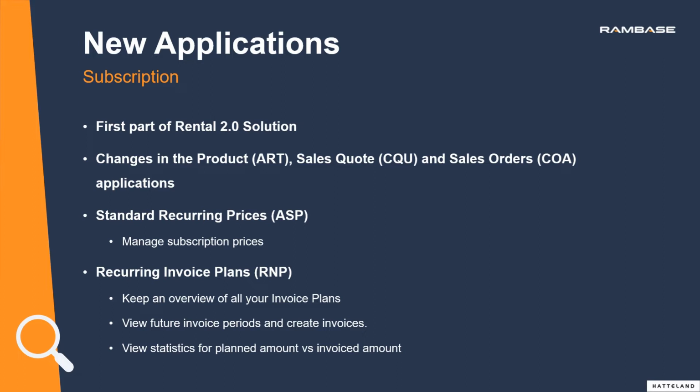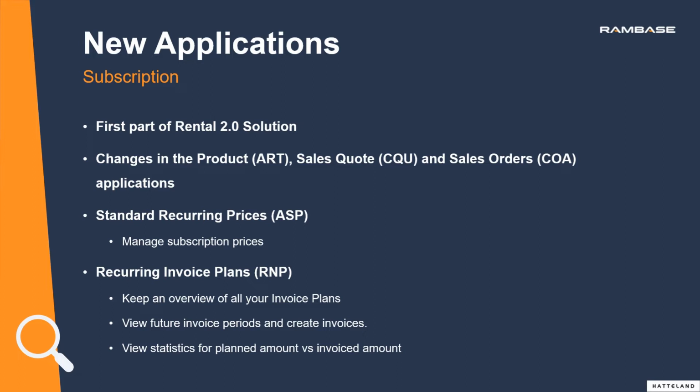In addition to this, we have created two new applications, standard recurring prices, that will give you an overview of all your standard recurring prices, and you will have the possibility to update and create new prices from here.